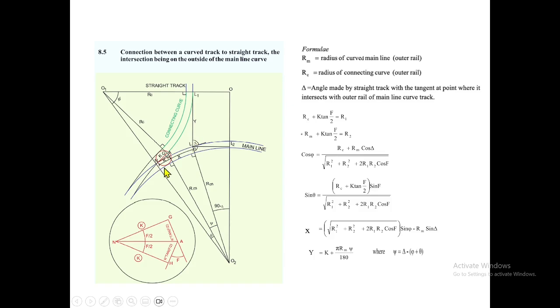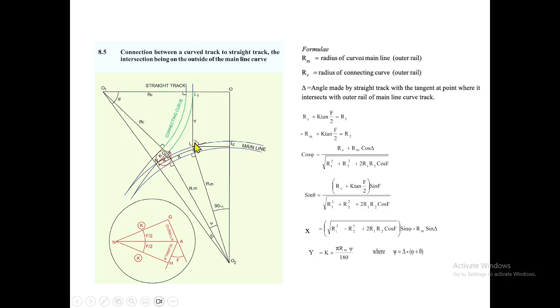And here, how to proceed? Here also trigonometrically they solved some equations and finally get the x distance. That means from the theoretical nose of crossing to a point on the main line, from there we keep an angle equal to delta. That line is the coming line.